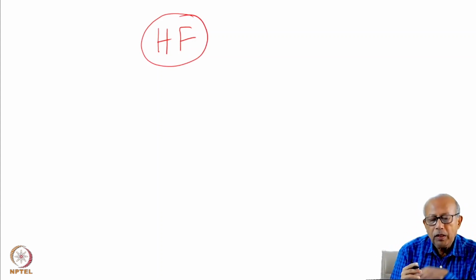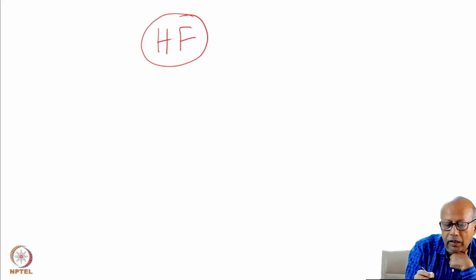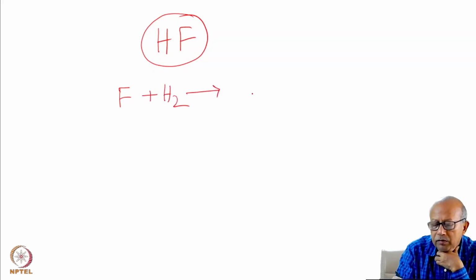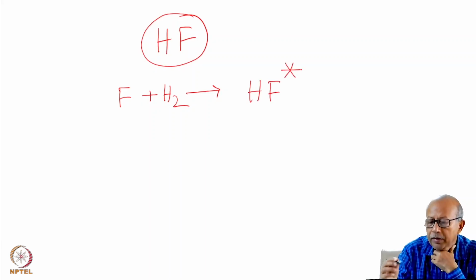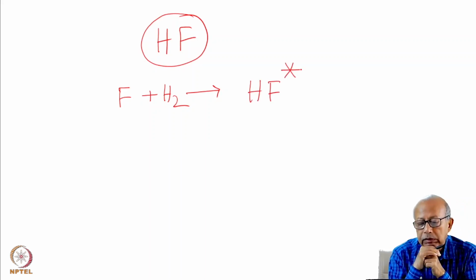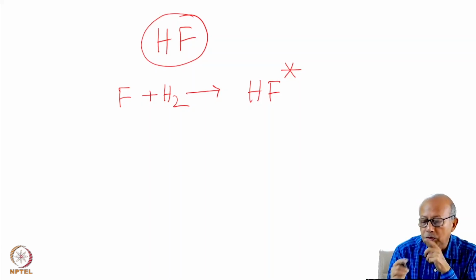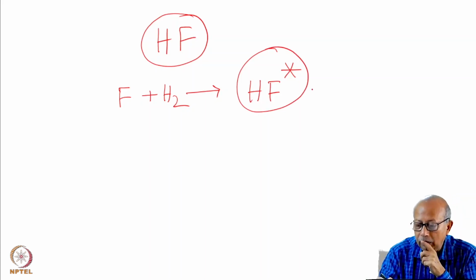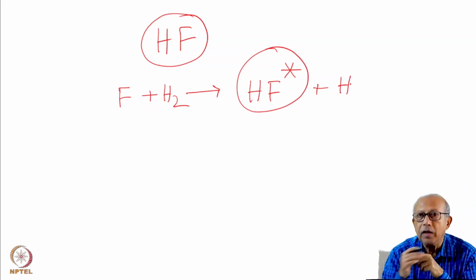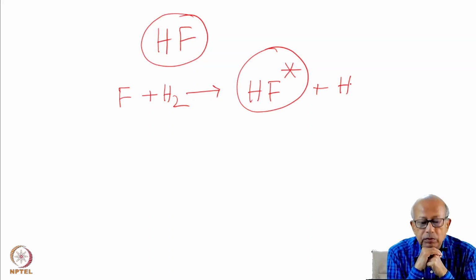As you know, the chemical reaction between atomic fluorine and molecular hydrogen results in the generation of hydrogen fluoride molecule in its vibrationally excited condition, which of course serves as the light emitting species. And of course, atomic hydrogen is also generated in the process.